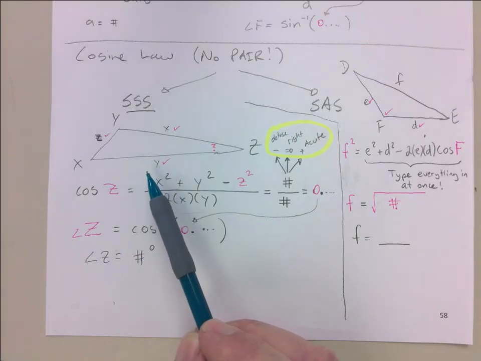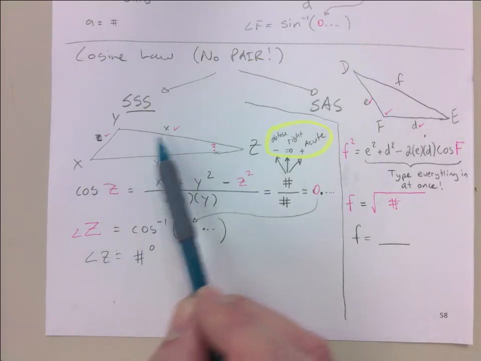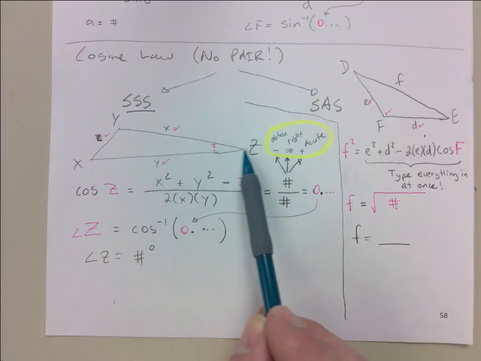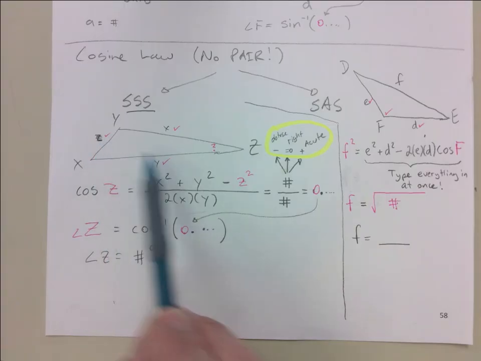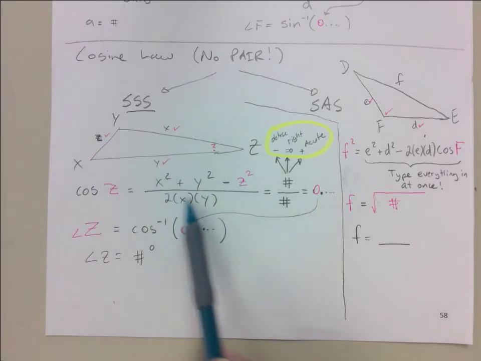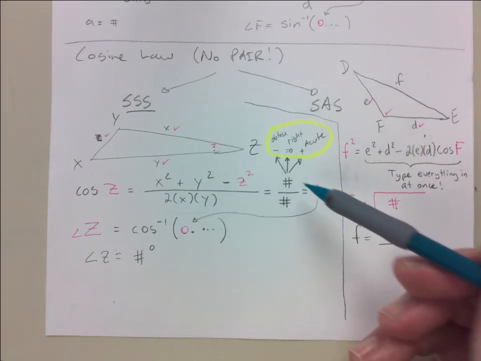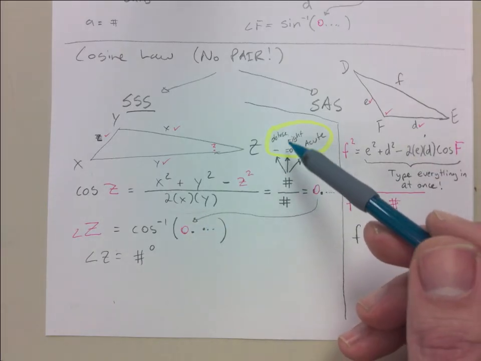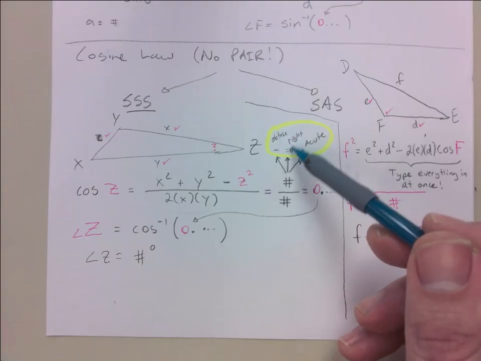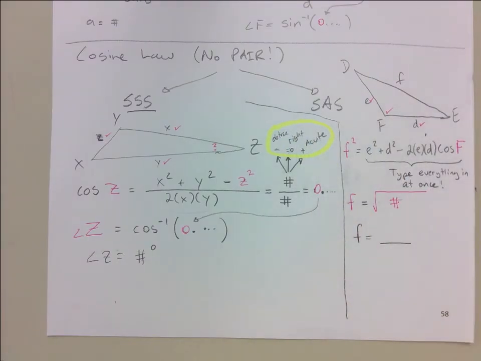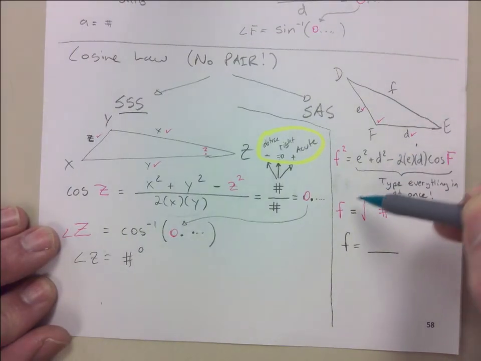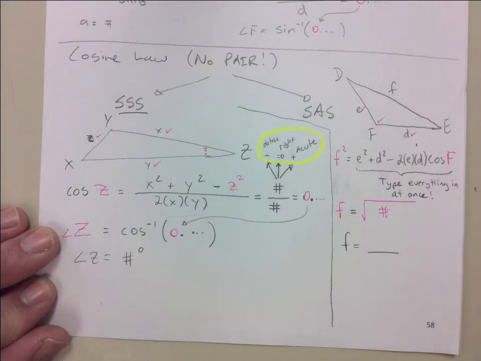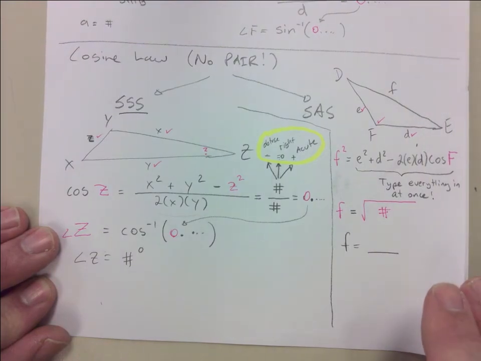So if they ask you for a specific angle, say angle Z, you have to have that side across from it at the back of that formula. And if the top number here is negative, you have an obtuse angle, 0, it's a right triangle, positive, it's acute. If it's side angle side, you're going to have to take the square root at some point to get your final answer.